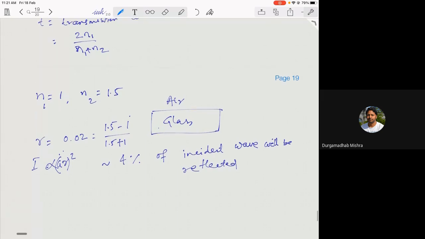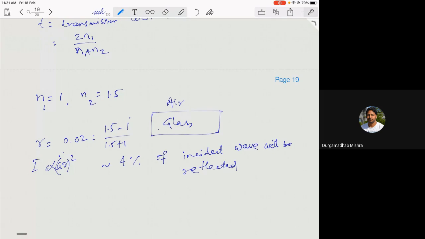So this is the number you can calculate. Let me see, R is 0.2. Okay, yeah, that's right, it will be 0.2.